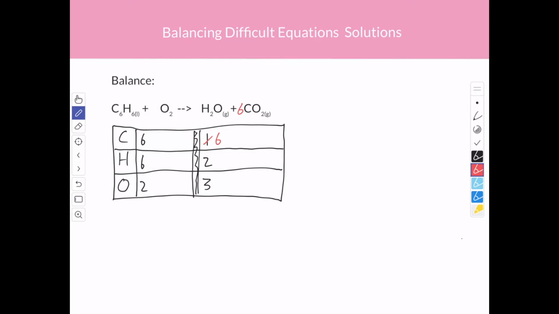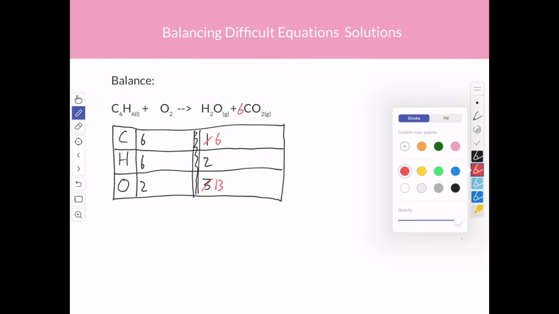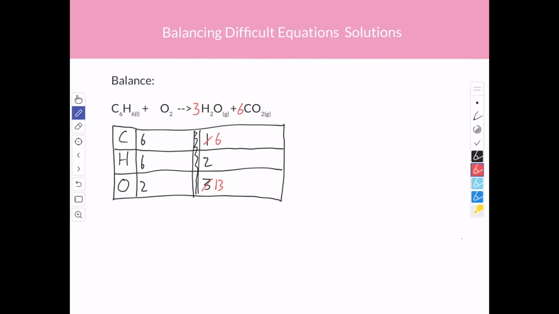And we need to address our oxygens. That changes our oxygens to 12 plus 1, which is 13. Now let's move on to our hydrogens, because we save oxygen for last. We've got 6 on the reactants. We need 6 on the products. We can easily add a 3 in front of our water to address that. That gives us the 6 we want.